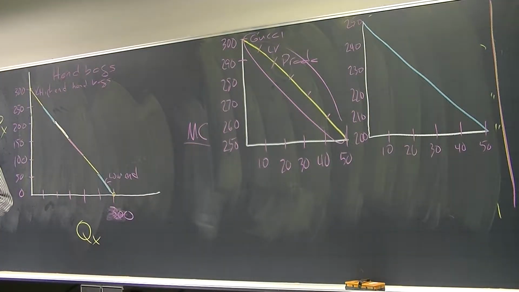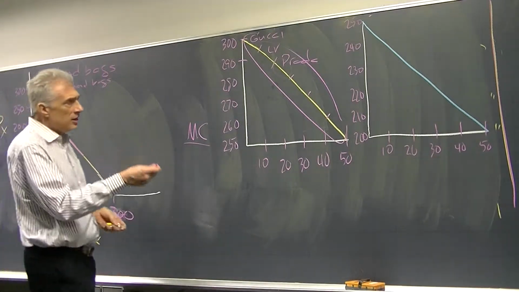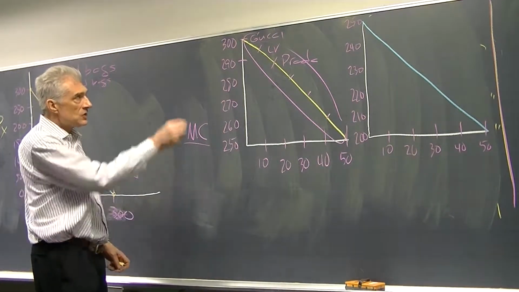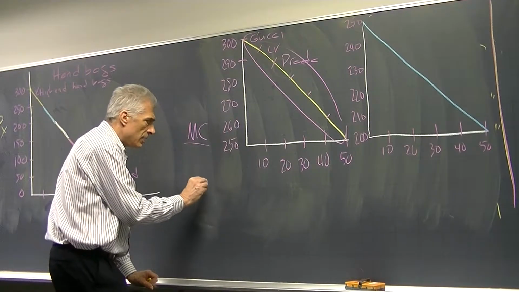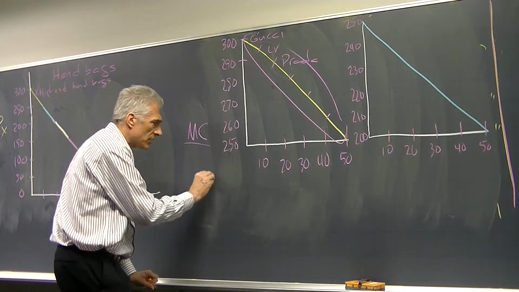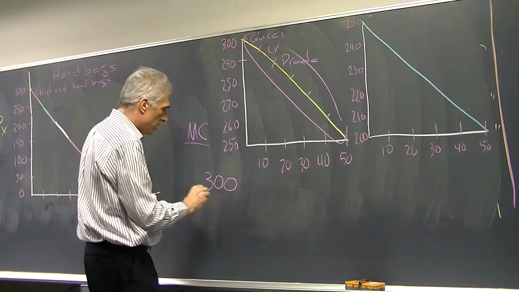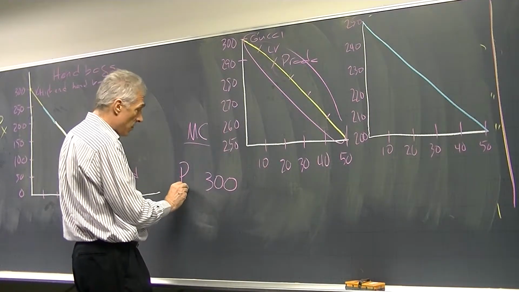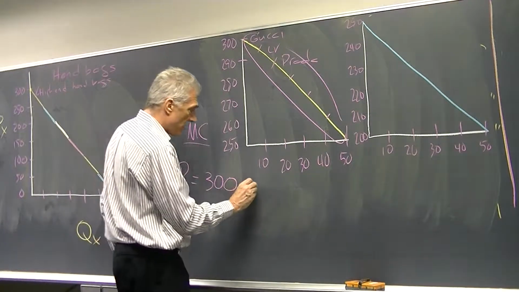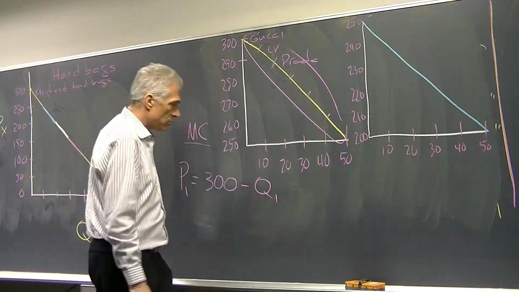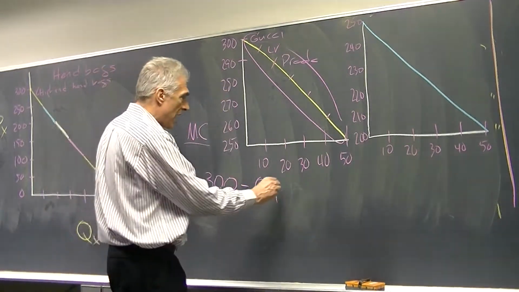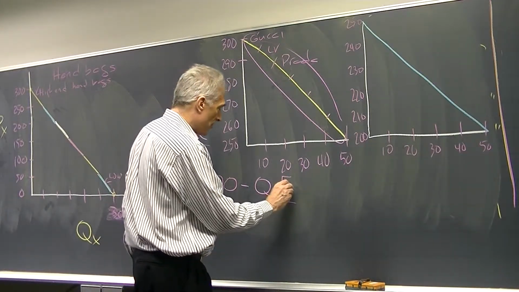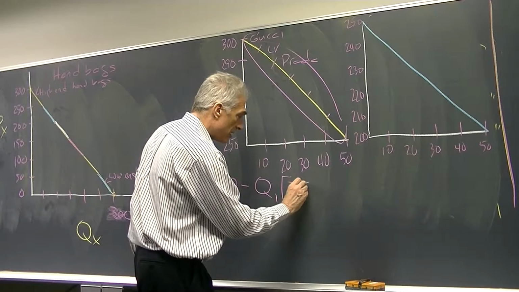So you could say, here would be 300. That's P of segment 1 equals 300 minus Q of segment 1, but in the range of 0 to 50.